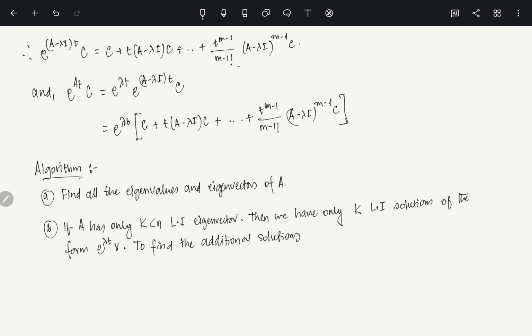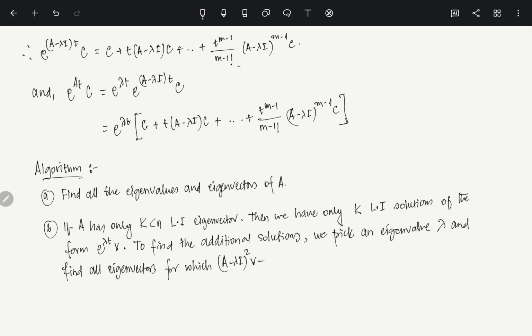What we do is this: we pick an eigenvalue λ, and find all vectors v for which (A − λI)^2 v is going to be 0.